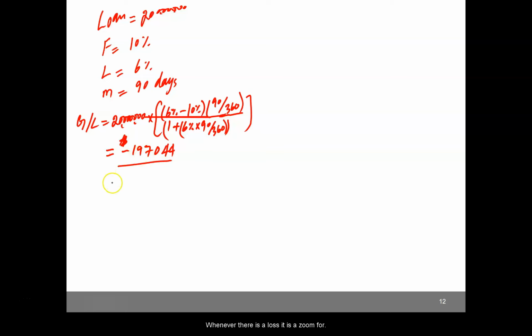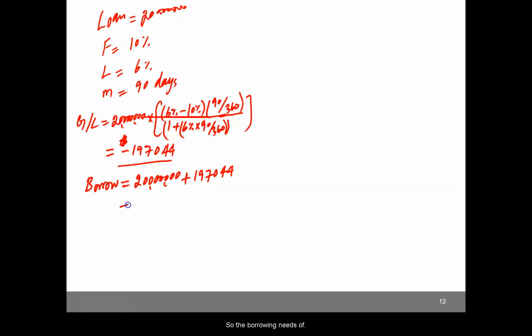Now, whenever there is a loss, it is assumed for the calculation of effective rate that the company will borrow not only the original loan amount, which is 20 million in this case, but also the 197,044 in loss from the FRA, because to settle the FRA in cash, it will need to give 197,044 to the counterparty.